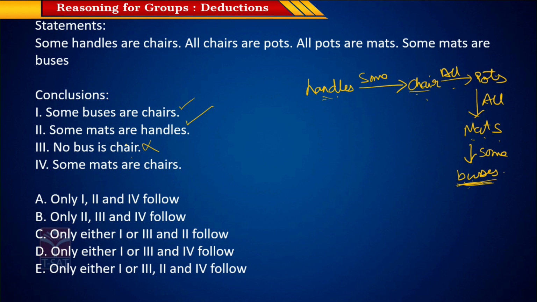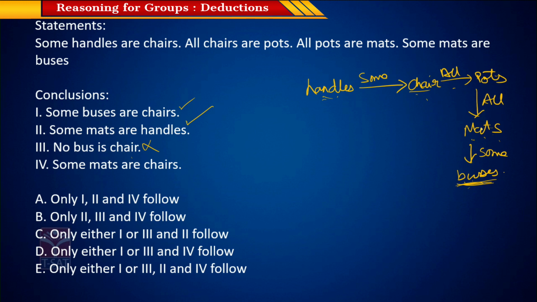Now the fourth one says some mats are chairs. We know that all chairs are pots, and all pots are mats, right? So obviously all chairs are mats, and that does mean that some of the mats are chairs.